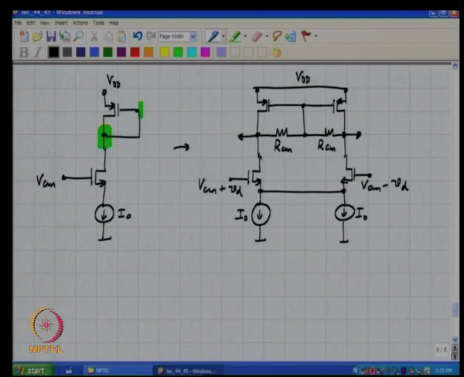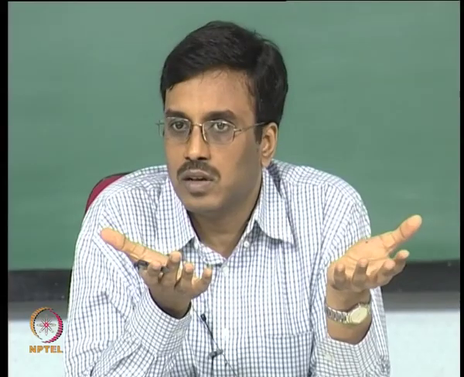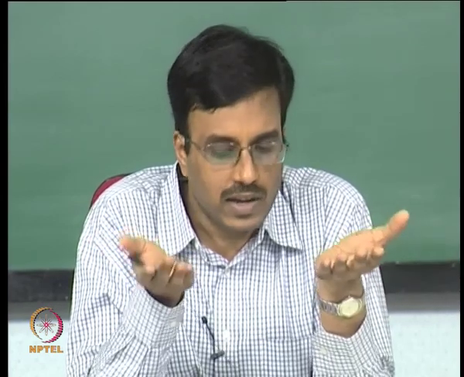Okay. All right. So, these resistors only appear in the differential mode equivalent, and this is an example where there seems to be no explicit common mode reference, right. What is the final output common mode voltage? What will it settle to? Pardon?